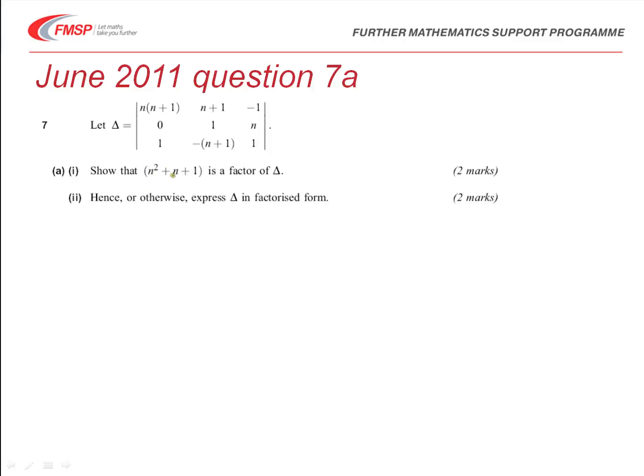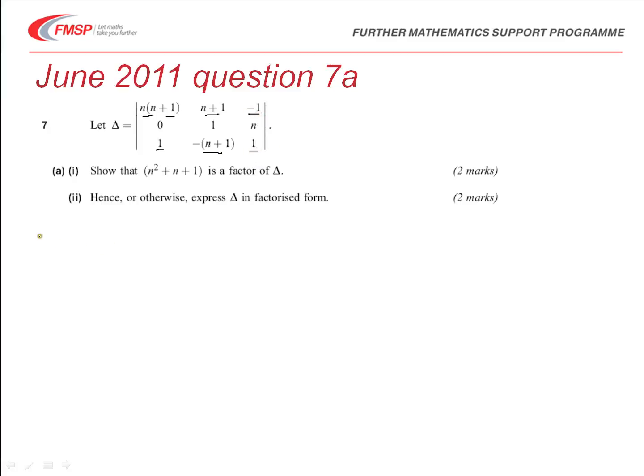In order to do that, we need to look at some row or column operations from which we can find n squared plus n plus 1. We can see here we've got n squared plus n, so if we add 1 from this column, that will give us n squared plus n plus 1. Then we can see that the n plus 1 and the minus n plus 1 are opposite sign, and likewise the 1 and the minus 1.